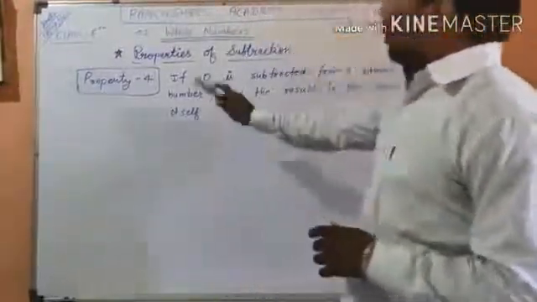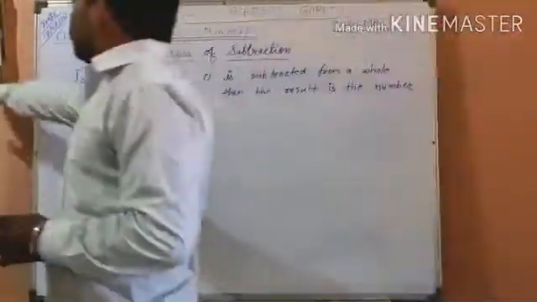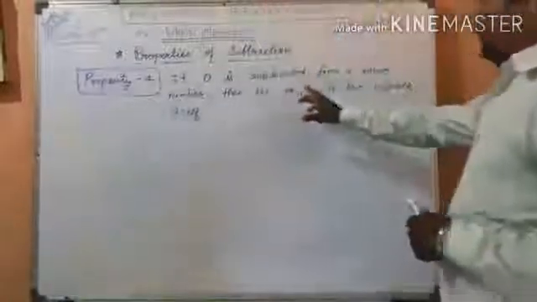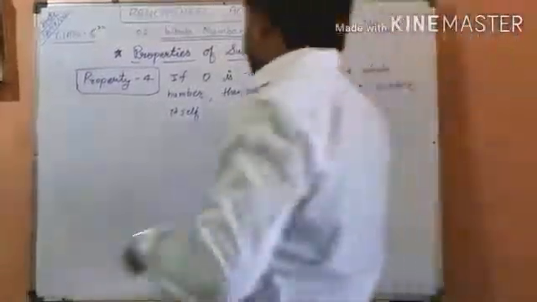Now property 4. If 0 is subtracted from a whole number, then the result is the number itself. Let's see.